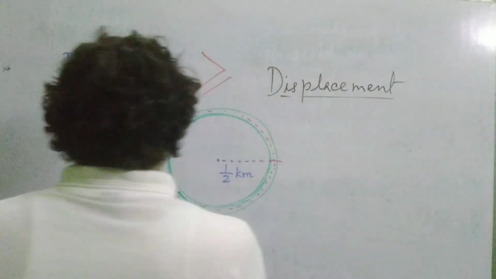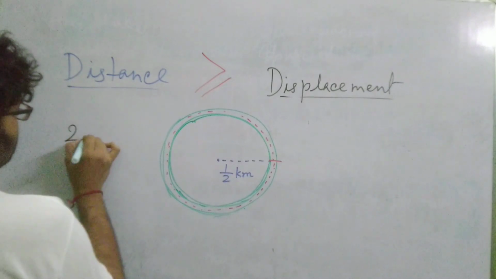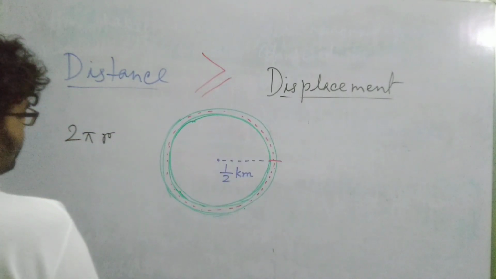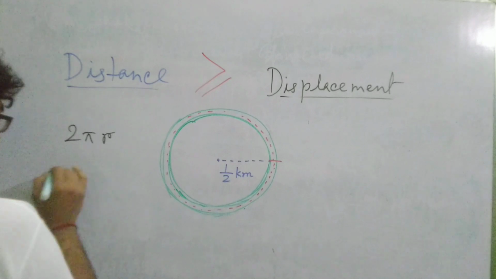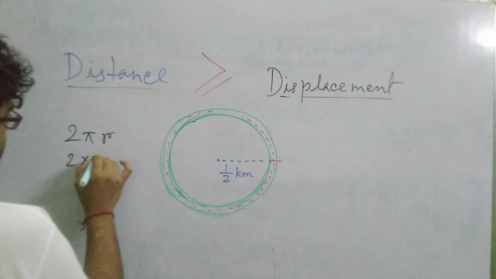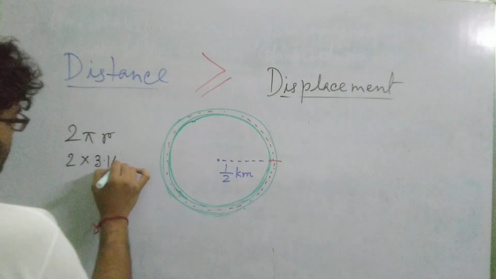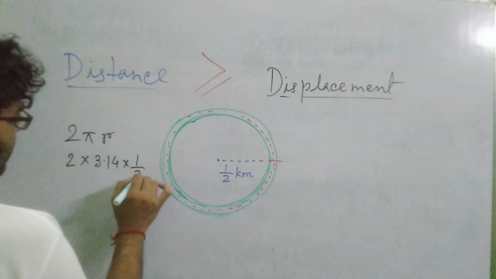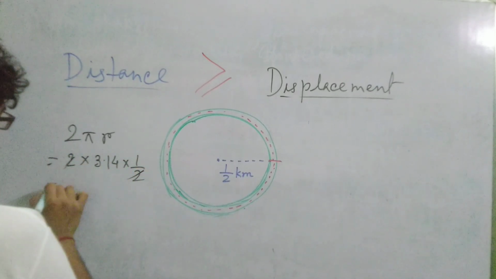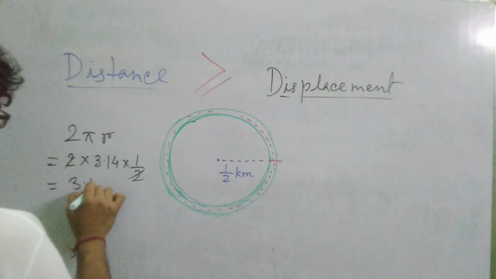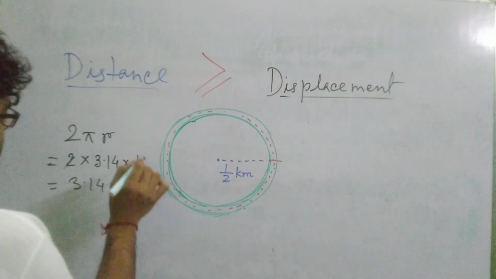So the distance here will be equal to 2 pi r, isn't it? That is 2 into pi, say 3.14, into r, which is half a kilometer. So the 2 cancels out, and it works out to be 3.14 kilometers as the total distance that he or she has traveled.